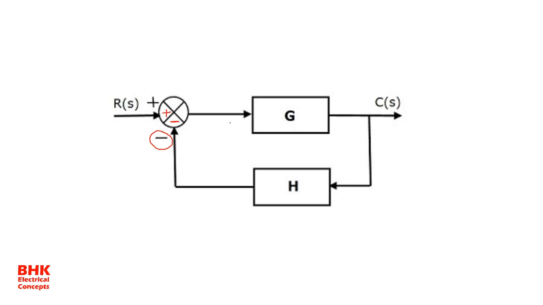Now R(s) is the Laplace of input and C(s) is the Laplace of output, but we require the actual input and actual output. So I am redrawing this block diagram with the input and output. This is the summing point.